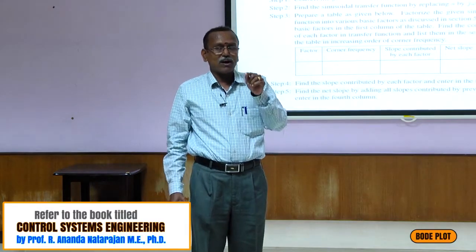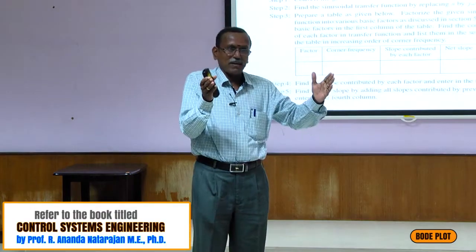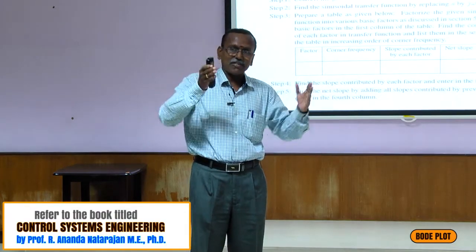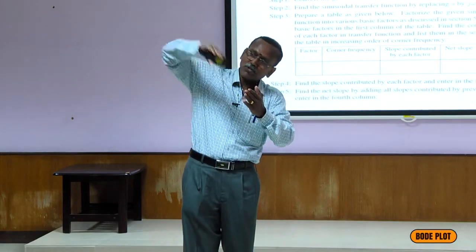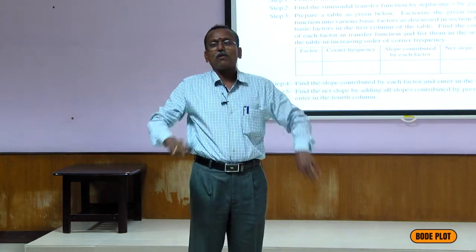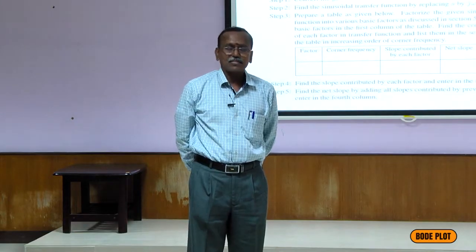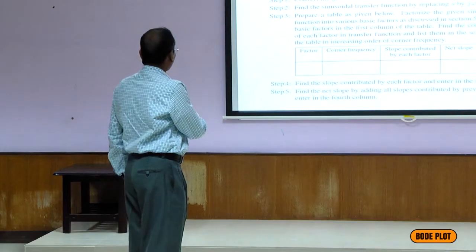But for a first order factor in the denominator, up to the corner frequency it is 0 dB, after that minus 20 dB per decade. For a first order factor in the numerator, up to the corner frequency it is 0 dB, after that plus 20 dB per decade. So up to the corner frequency there is no slope contribution if it is a first order or second order factor. That's why we have to write the factors in ascending order.